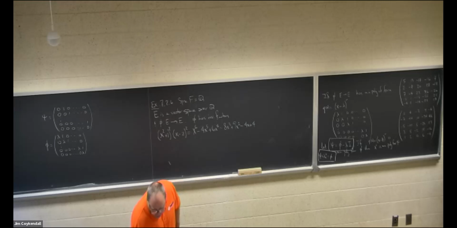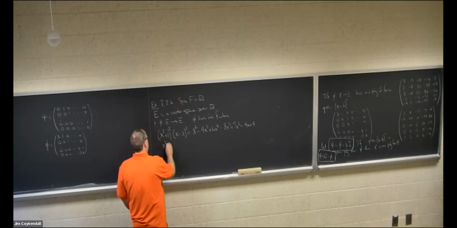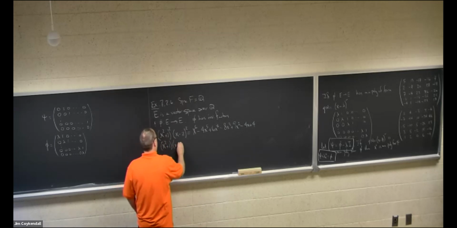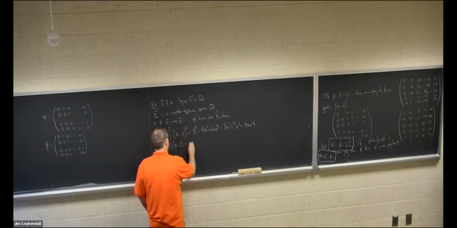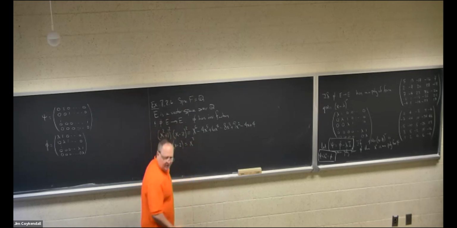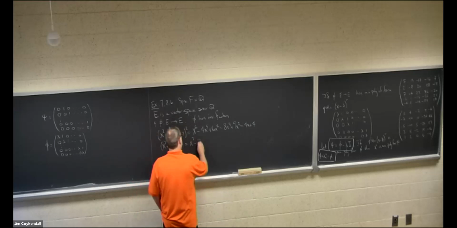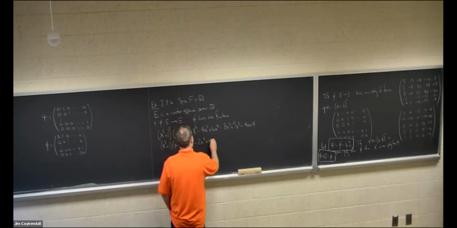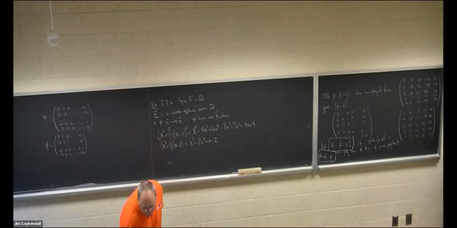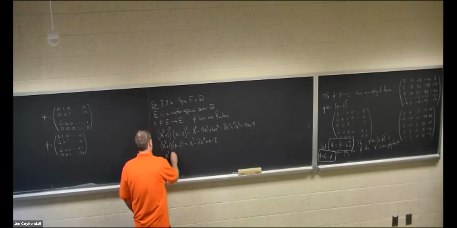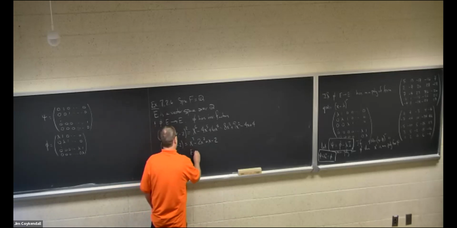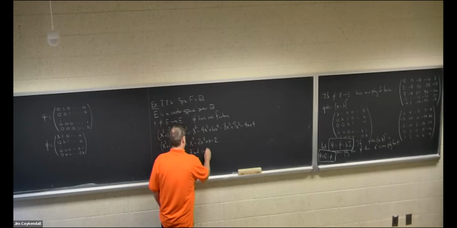And I've got another one, (x squared plus 1)(x minus 2). We've got that invariant factor there. And finally, x squared plus 1. So find canonical forms.